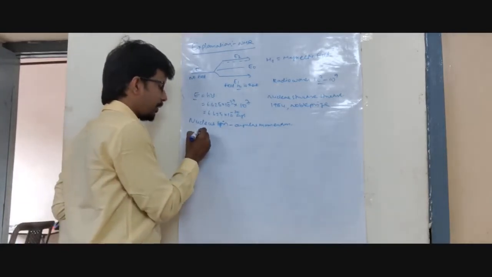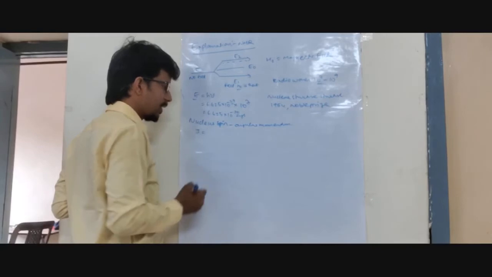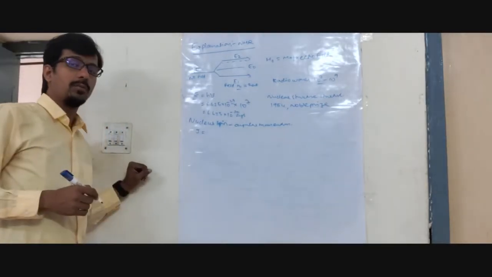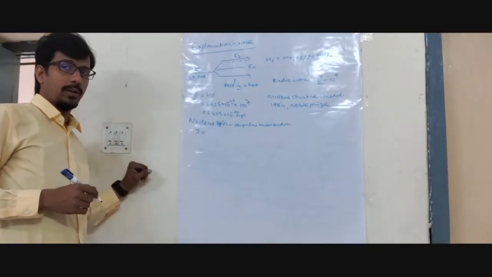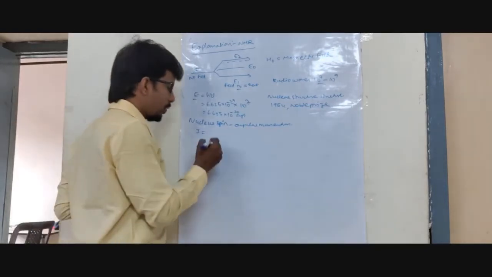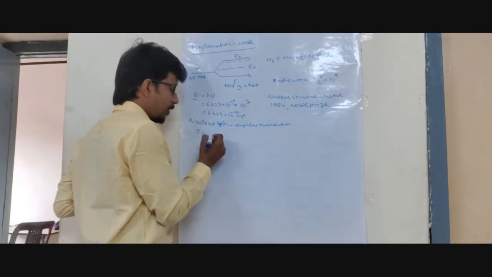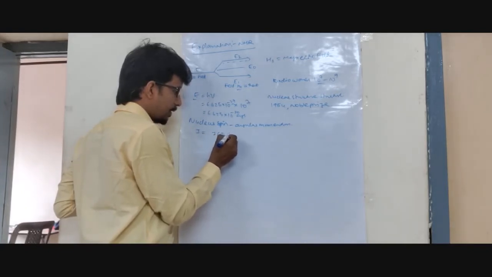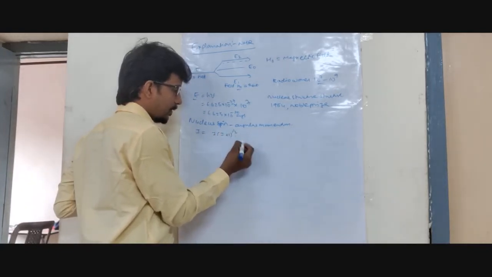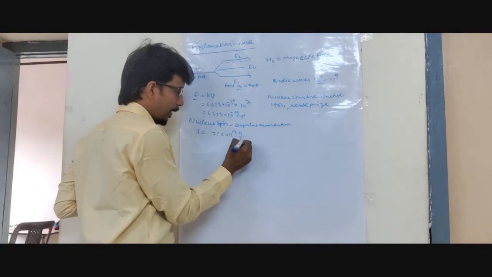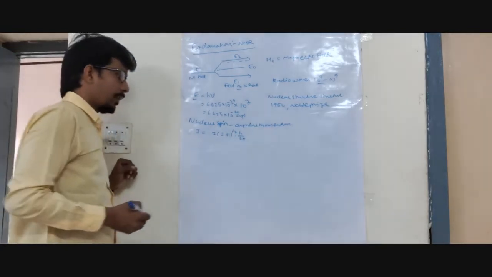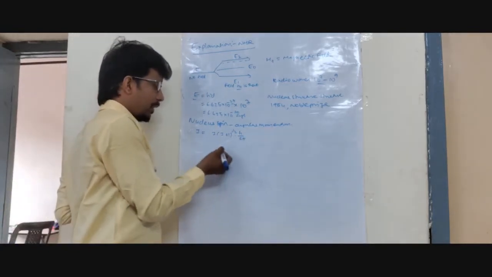Here the fundamental is I, which is the spin angular momentum of the nucleus. The spin angular momentum is the square root of I into I plus 1, multiplied by h by 2 pi.